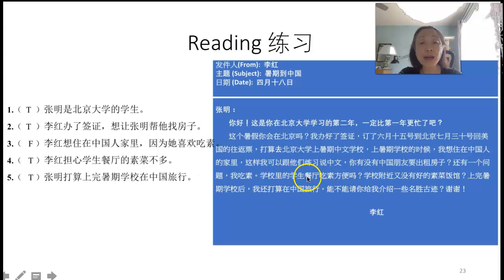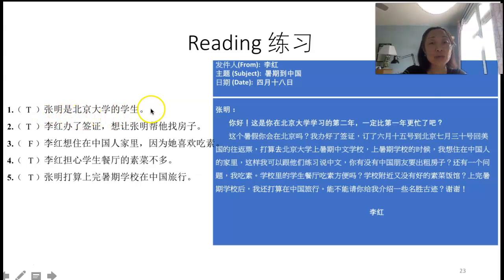Is it convenient to have food for vegetarians at the students' cafeteria? 学校附近有没有好的素菜饭馆? Are there restaurants for vegetarians in the neighborhood of the school? 上完暑期学校后，我还打算在中国旅行. So after I finish the summer school, I'm planning to travel in China. 能不能请你给我介绍一些名胜古迹? Can you introduce some famous historical sites to me? 谢谢，李红. Now, let's go over the questions.